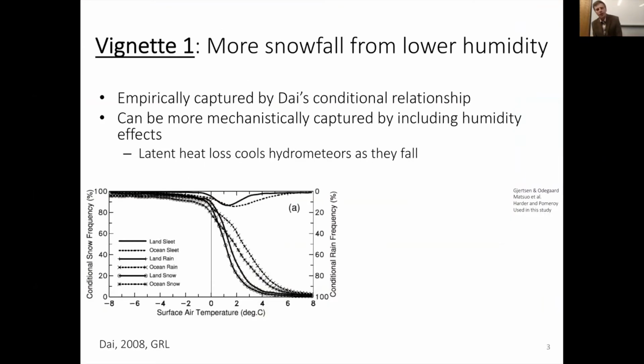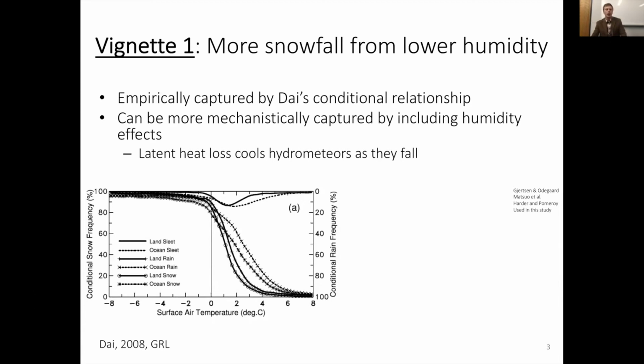So this first example is about trying to get accumulation correct. As Jessica mentioned, without being able to get the phase of precipitation correct, it's very challenging to estimate seasonal snow cover. So how do we do this? A lot of times we use air temperature. And air temperature is a large control on the energy budget of a falling hydrometeor, but we also know it's not the only control.